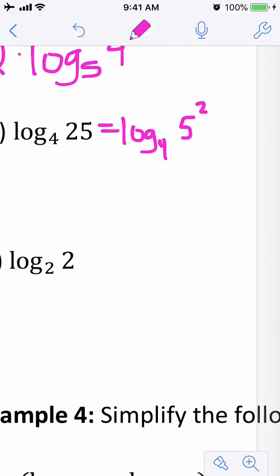So if you see stuff like 25, 169, or some cubes, like 81 is 3 to the 4th, you can rewrite them as powers, and then the power rule applies. So instead of log base 4 of 5 squared, I have 2 times log base 4 of 5. Alright, cool.